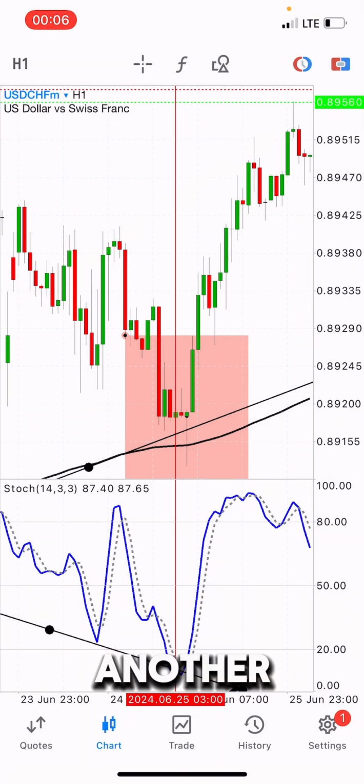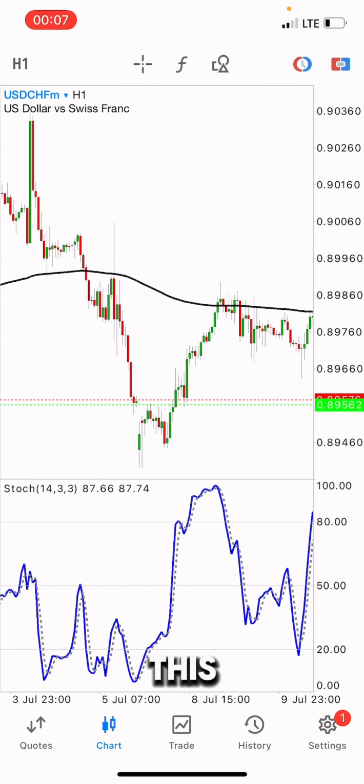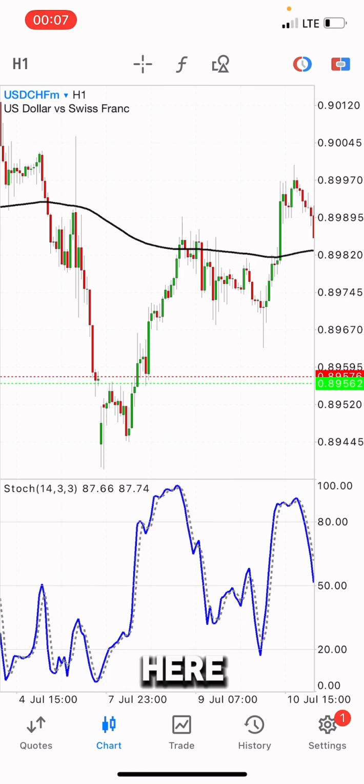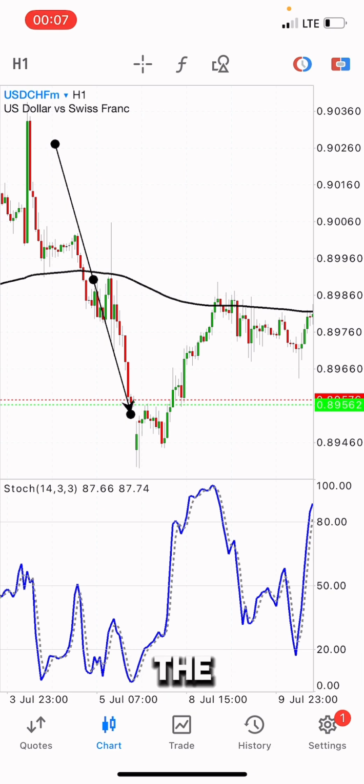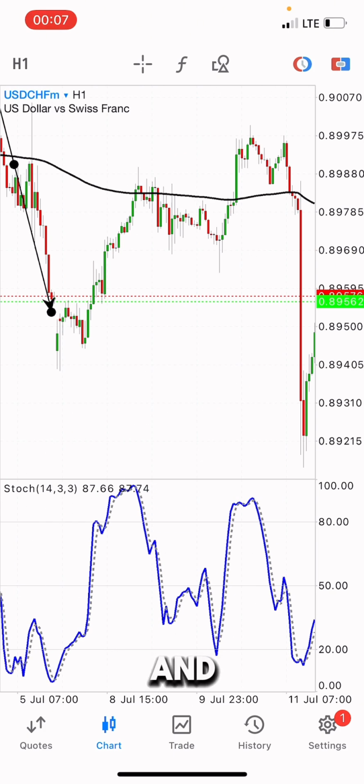So let me show you guys another example. This is a sell example right here. We notice that when price crossed below the moving average, we should have waited to see if our stochastic oscillator was going to give us a divergence, and we could spot one divergence here.